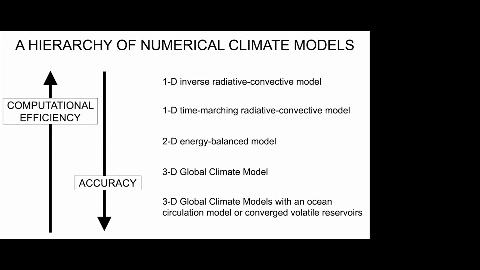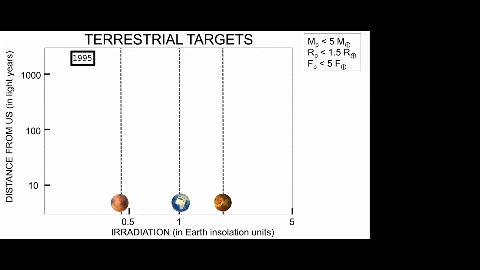I will move on now to the second part of my presentation, which is terrestrial targets. What are the terrestrial targets and what kind of objects will I be talking about? In this plot, I will show you several recent discoveries of terrestrial temperate targets, which I define as having either a minimum mass lower than 5 times the Earth mass, or a radius lower than 1.5 Earth radii, and a flux that is at least 5 times lower than the insolation on Earth.